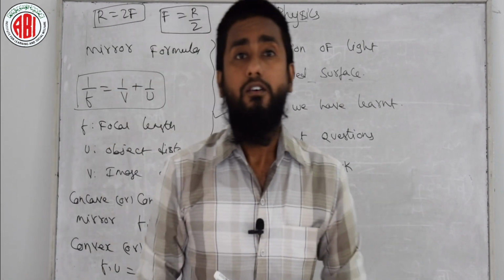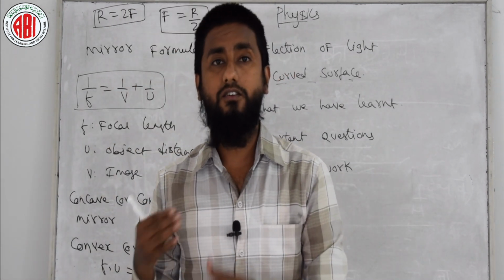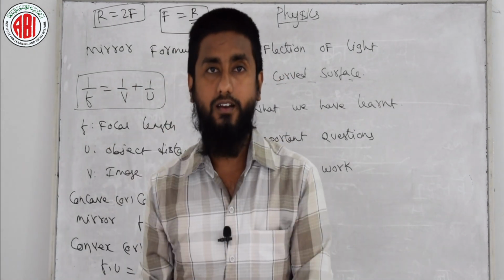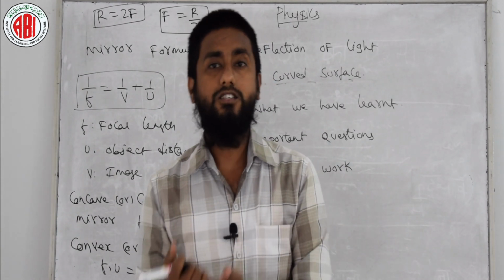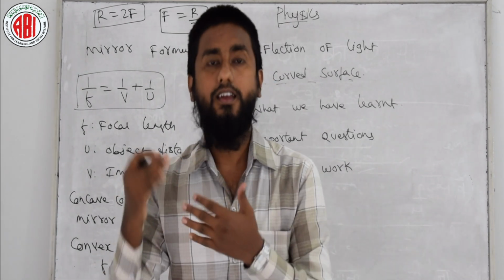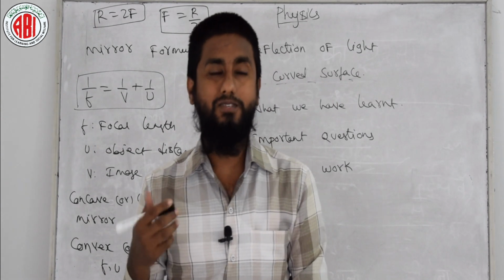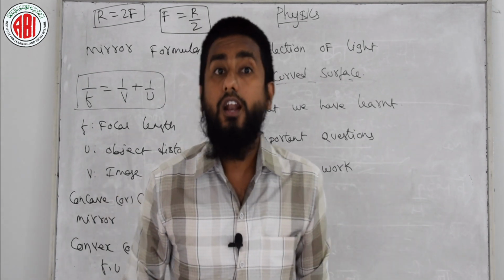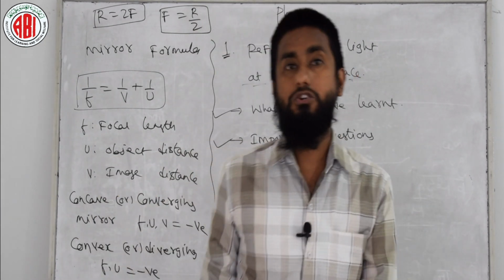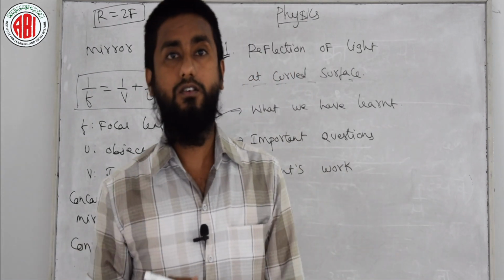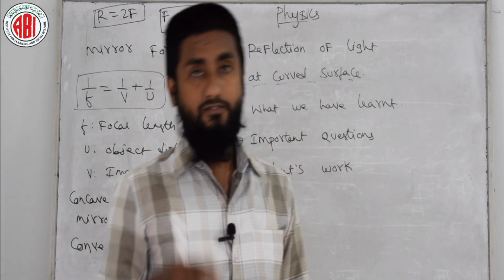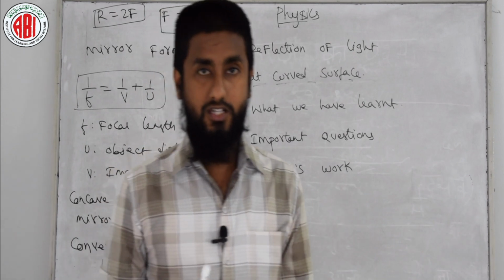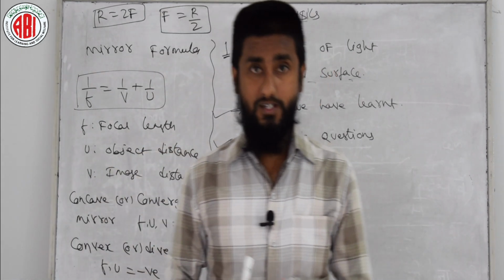Like, find the image distance of a mirror if the radius of curvature is say 8 and the object distance is 10. You are not supposed to get confused, sir, you have told about the object distance and about the radius, but you did not tell the relation between focal length and radius of curvature.